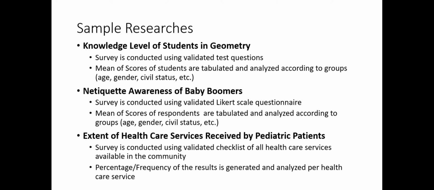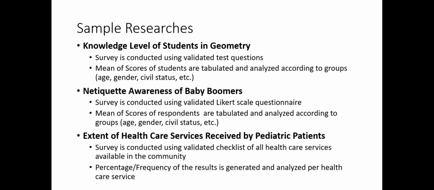And then the tests will be administered to students. Then the mean of scores of students are tabulated and analyzed according to their groups. It could be age, gender, civil status, and so on. So in that process, we just describe the knowledge level of students without any treatment methods at all, without providing any intervention.